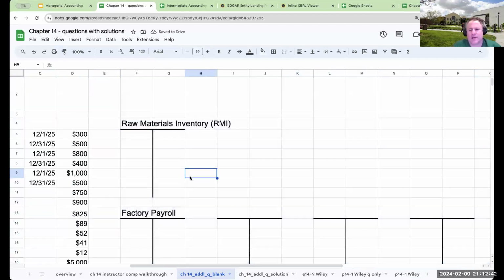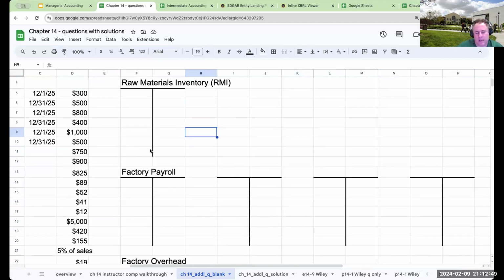Now you'll hear things like conversion costs. When we hear prime cost, I believe that's referring to raw materials and factory payroll. Conversion is really what the overhead and payroll are doing. They're taking these raw materials and making them into a finished product.